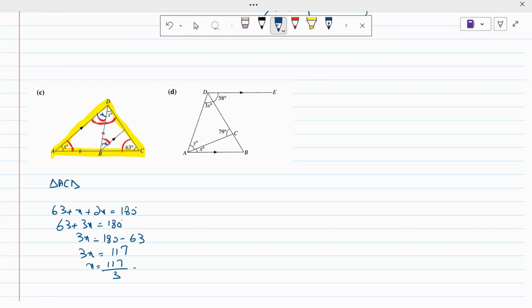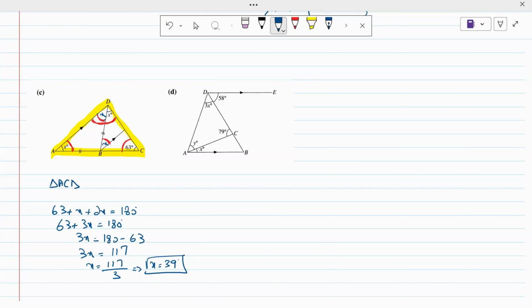That gives x as 39. So we have got the value of x here. This was all about part C. We just need to find the value of x.